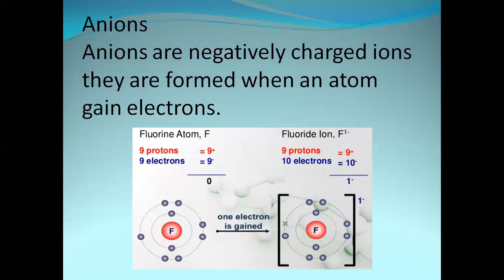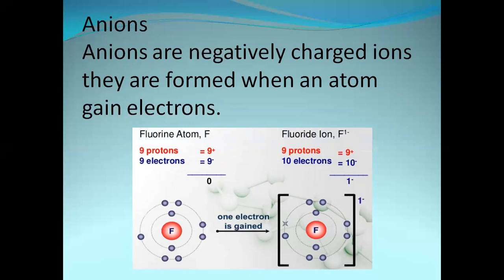Then there are anions. Anions are charged particles, and they have a negative charge on them. The negative ions are called anions, and they are formed whenever an atom gains an electron, whenever an atom accepts an electron. Let's see the example. We have a fluorine atom. The fluorine atom has 9 protons and an equal number of electrons, that is 9.